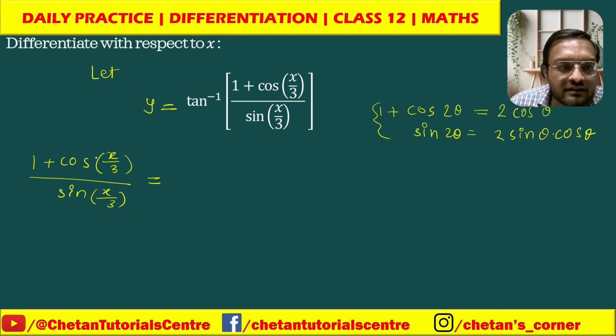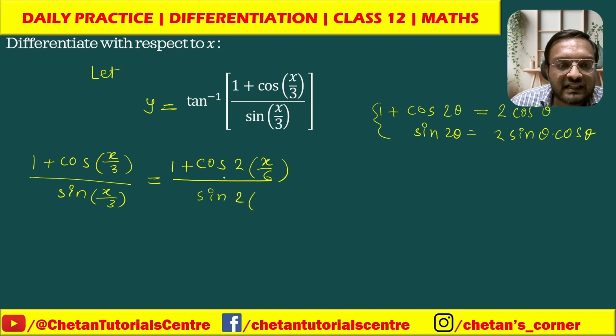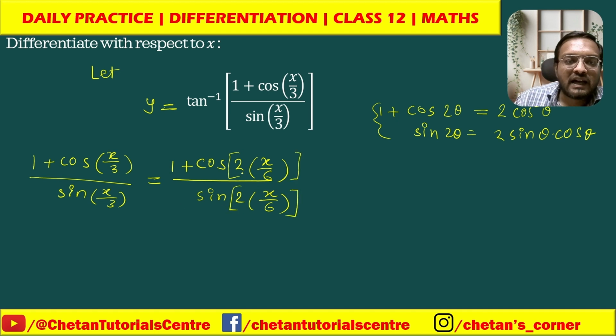Now I will adjust this theta in this way. 1 plus cos 2 inside the bracket x upon 6 divided by sin 2 inside the bracket x upon 6. I hope you have understood the adjustment I have made.